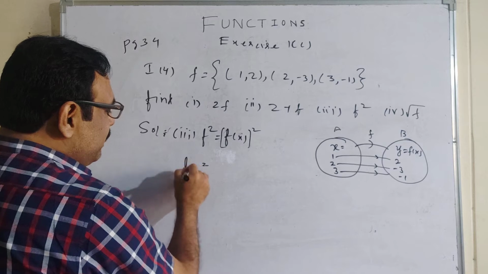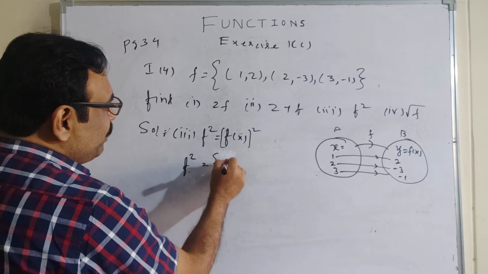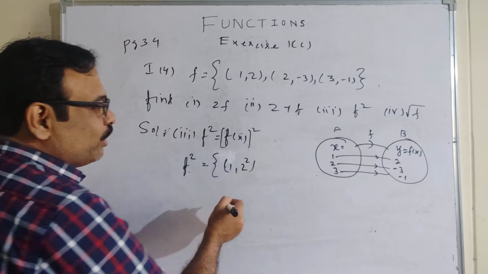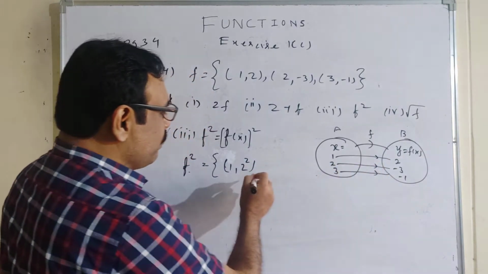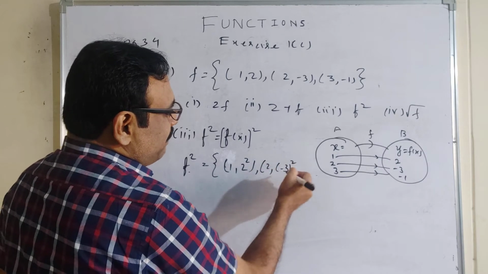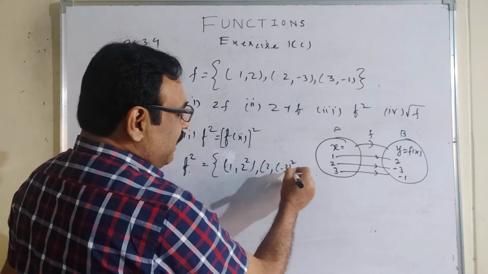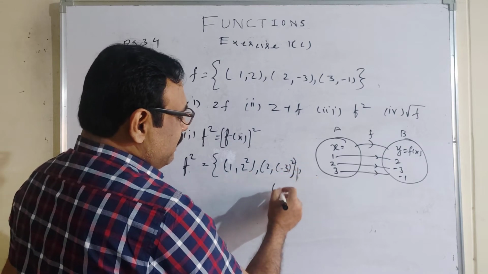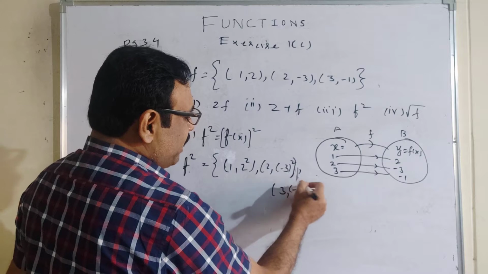So, when you are writing the f square part, what you need to do is, domain element you write as this, codomain element you should make it square. And here you are going to write domain elements as this and codomain elements you have to make it square.